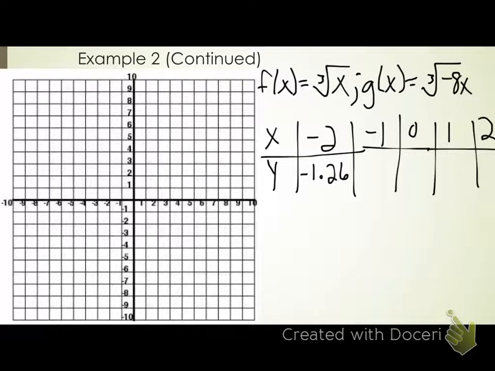What's the cube root of negative 1? Negative 1. Cube root of 0. Cube root of 1, 1. Cube root of 2, 1.26.